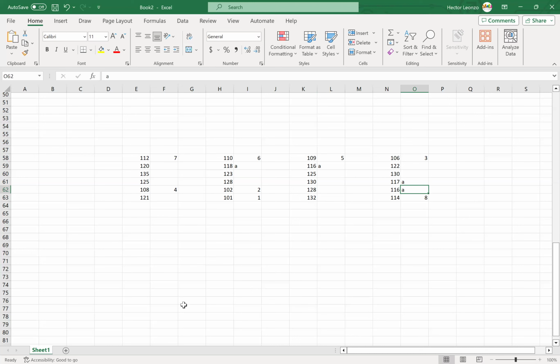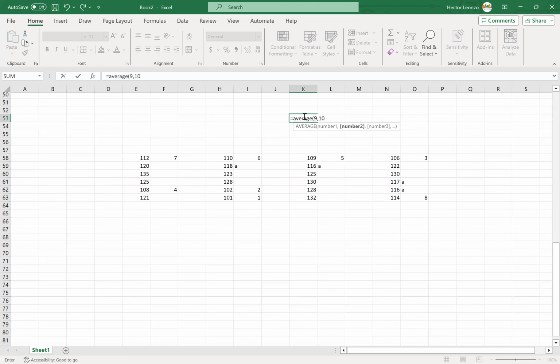Now we have a tie. I see 116 here, then I see 116 here. So those will be 9 and 10. However, we've done this before. We're gonna do an average of 9 and 10. So I can even click on here and say average of 9 comma 10, and it tells me 9.5.